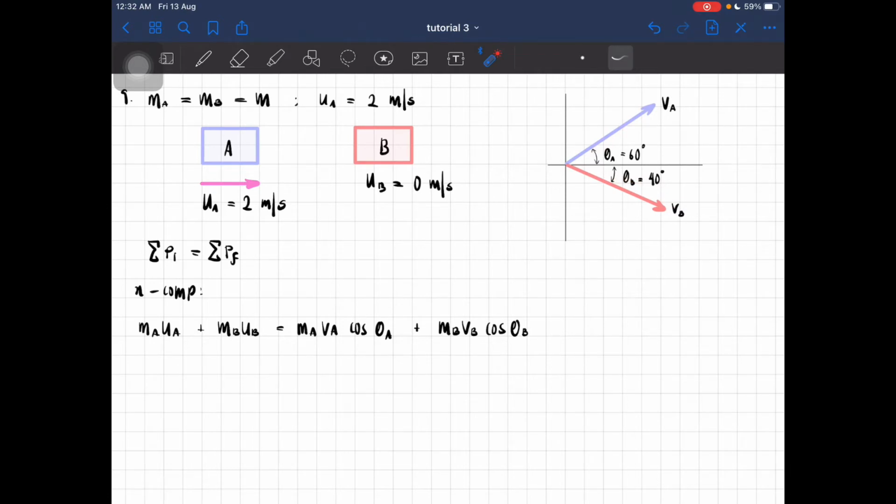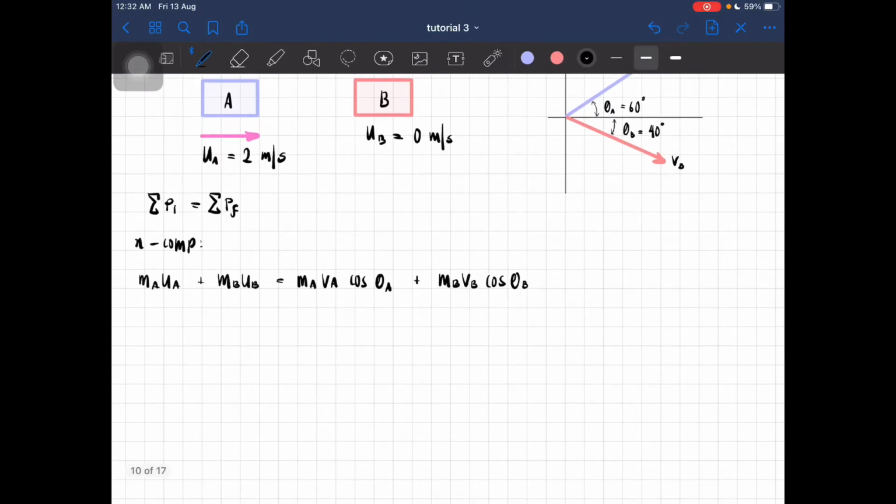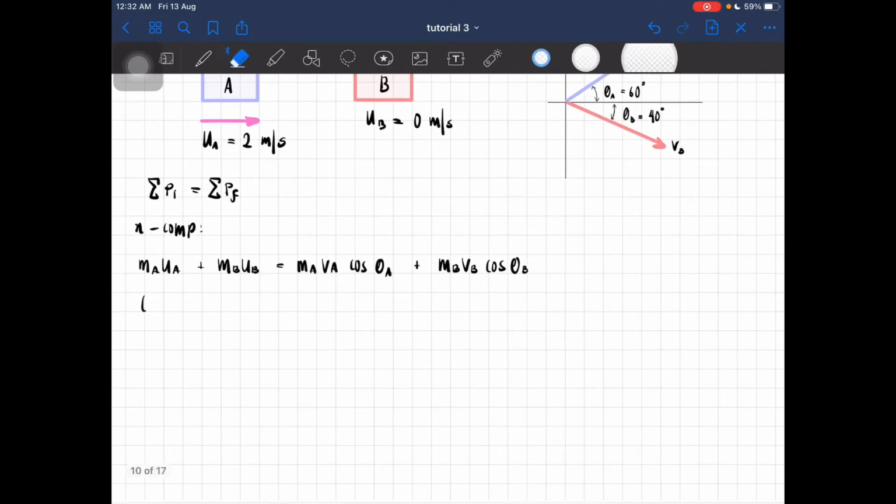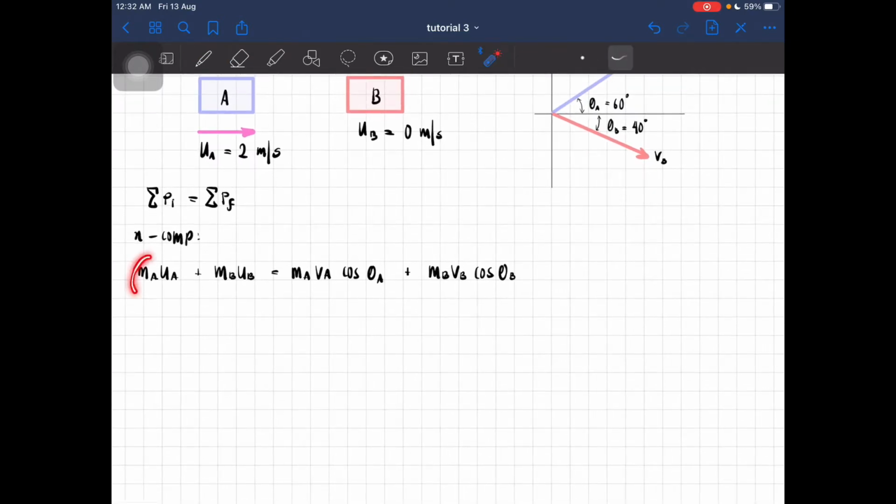Now MA UA, just substitute the values. I forgot to say, MA and MB are equal, so you can cancel them, which makes our calculation much easier.